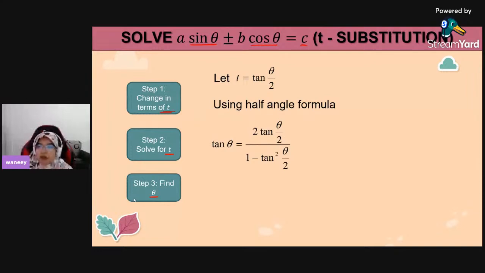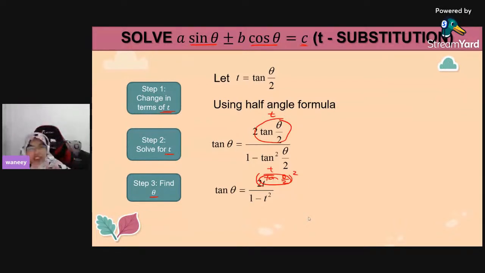Okay, so now we are going to replace the tangent theta over 2 with a t, of course. And then this is a square, right? So that is similar to tangent theta over 2 square. So I'm going to replace the term inside here with a t. So this one is going to be t squared. Okay, so we are going to get 2t over 1 minus t squared. Okay, so those are tangent theta.